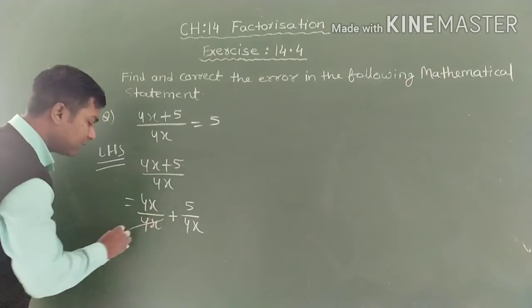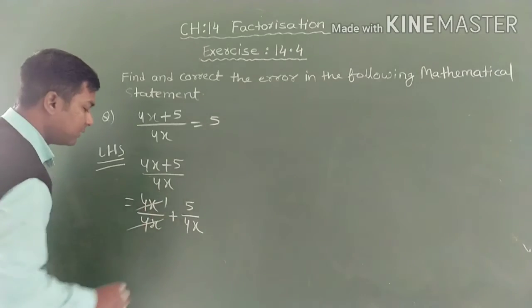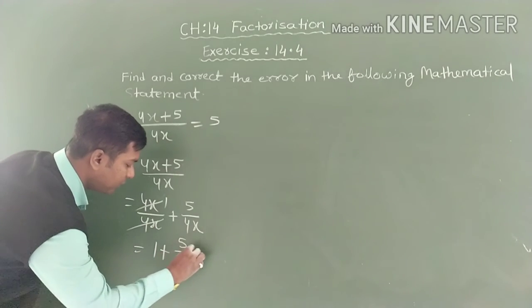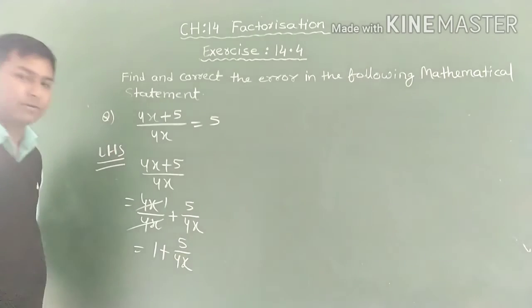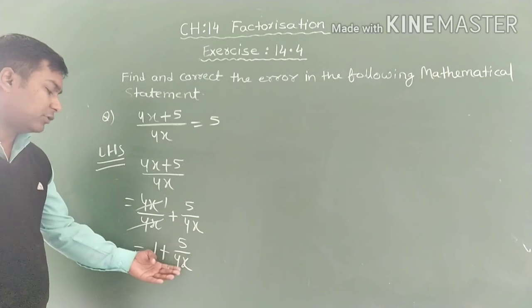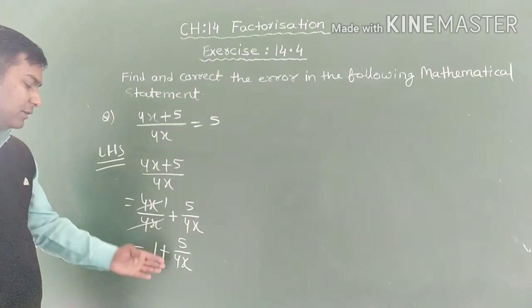Now it will be cancelled out, 1 is left. So what will be left here? 1 plus 5 upon 4x. Okay, so this is the solution of this RHS part.